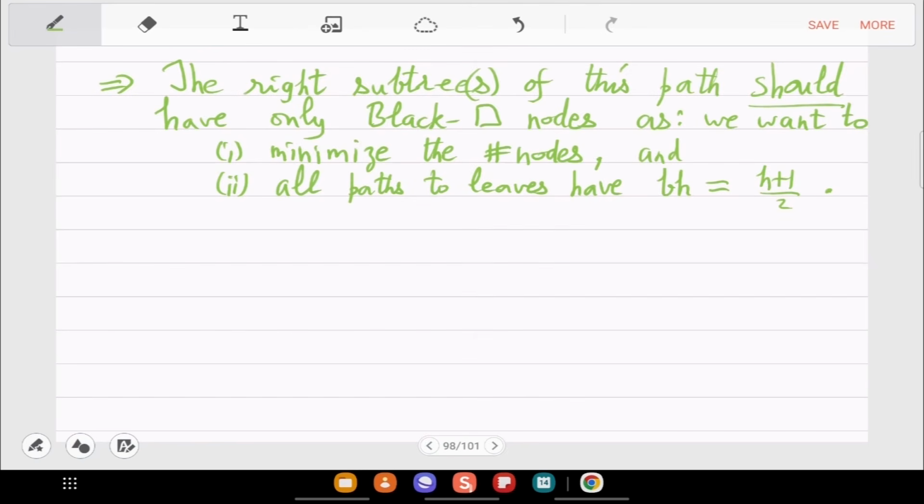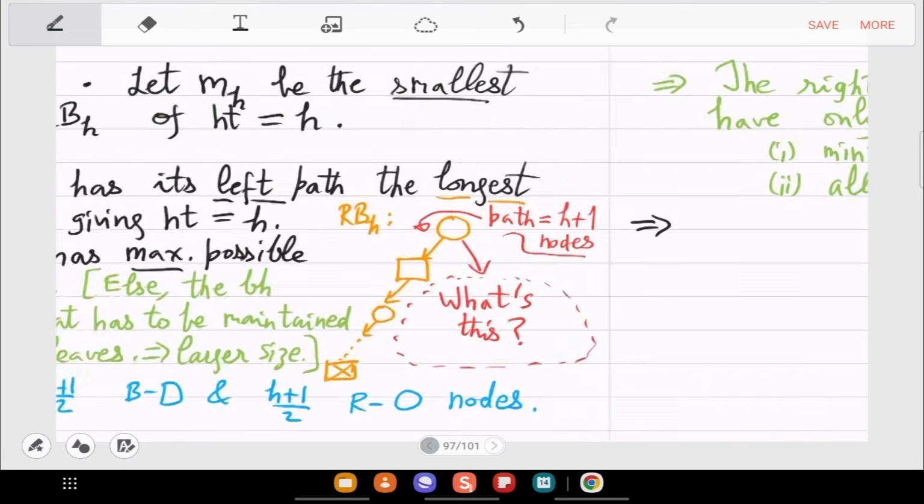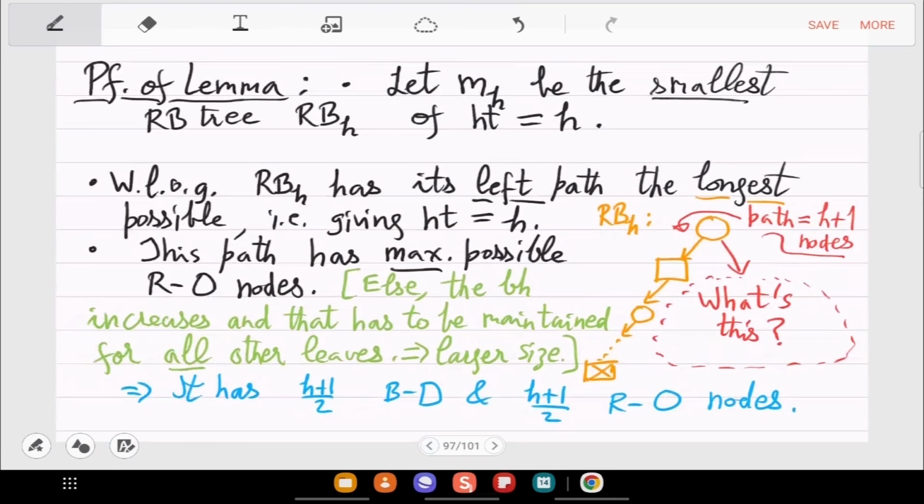So this means, okay, let me number this root as maybe x.